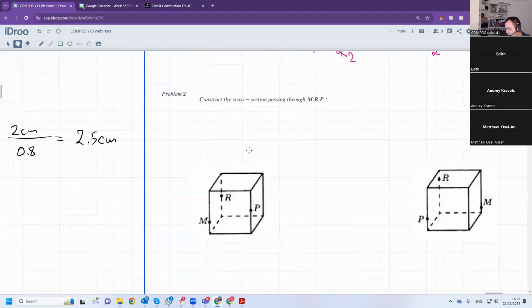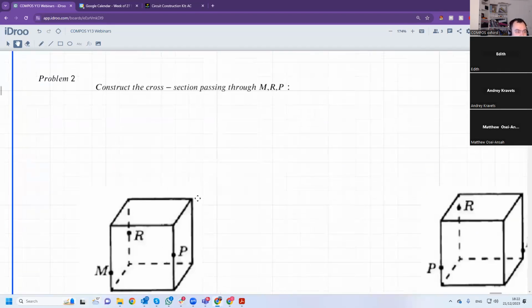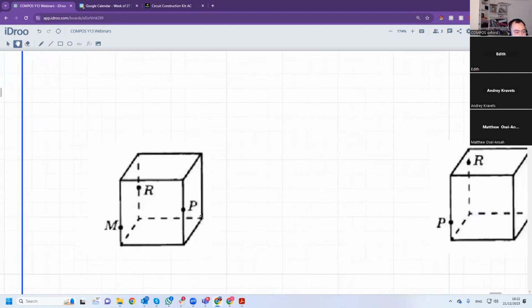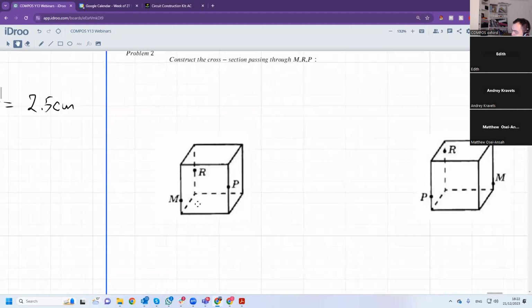Okay. So you've done some of this last week. I'm just going to recap. Construct the cross section passing through M, R, and P. M, R, and P are points on a cube, and you need to construct the cross section. So you draw a line.